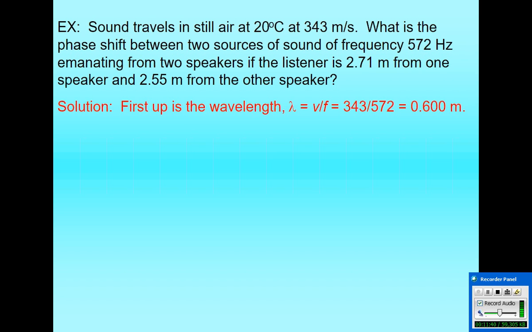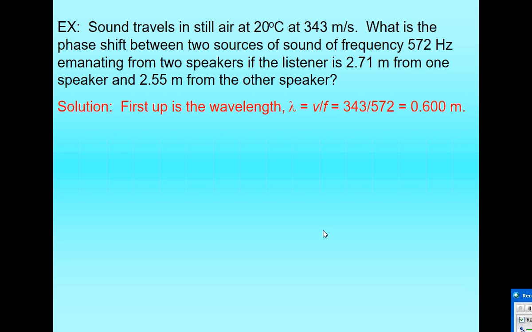Both come from identical speakers, but the speakers are not identically located. An observer is a different distance from one speaker than the other. Let's say this listener is 2.71 meters from one speaker and 2.55 meters from the other speaker. How do we calculate the phase shift in that circumstance?